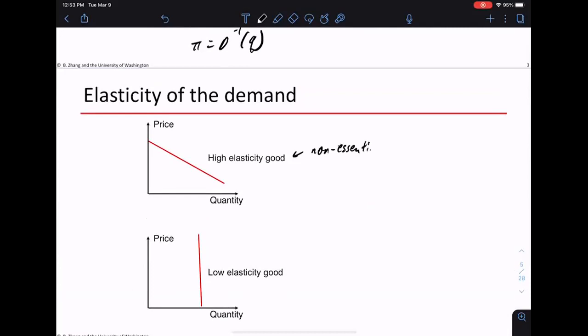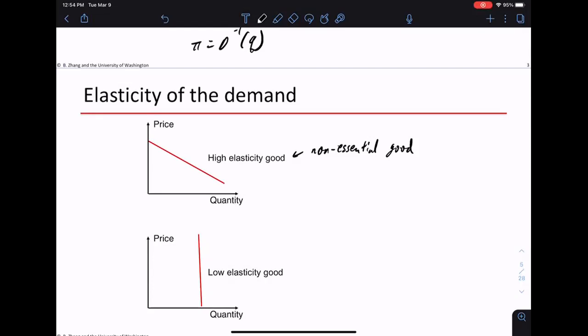It's normally modeling a non-essential good. As my price changes quite a bit, the slope is close to zero. This means there's a very gradual change of price versus quantity.